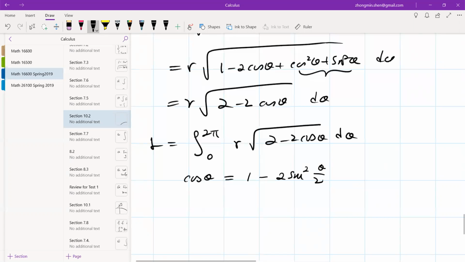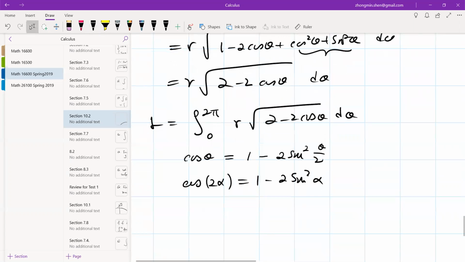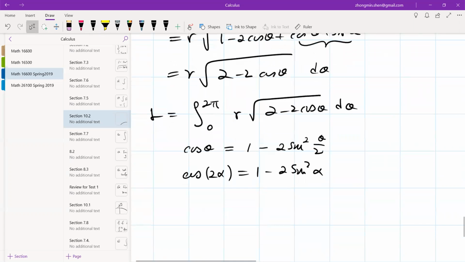This comes from cosine 2 alpha equals 1 minus 2 sine squared alpha, with alpha replaced by theta over 2. So 2 minus 2 cosine theta equals 2 times (1 minus cosine theta), which becomes 4 sine squared of half of theta.